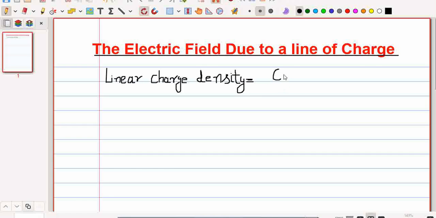Because this is charge per unit length, this is the definition of the linear charge density. What should be its units? It's denoted by lambda, and its unit is, because the unit of charge is coulomb and length is in meter, coulomb per meter, or you can write it coulomb meter inverse.